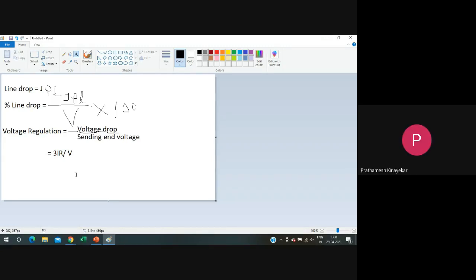Yes, ma'am. Voltage regulation is basically voltage drop divided by sending end voltage, that is 3IR divided by V.